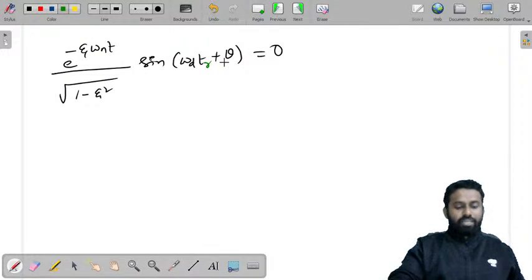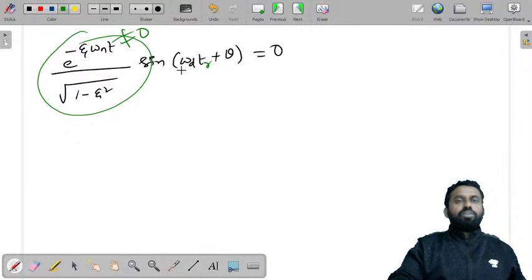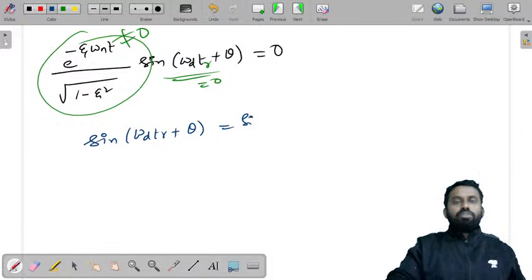Now what is this t? T is the rise time, tr. This term cannot be equal to 0, so you can only make this term equal to 0. So finally you can write sine omega d tr plus theta is equal to 0, that is sine n pi, or sine pi.